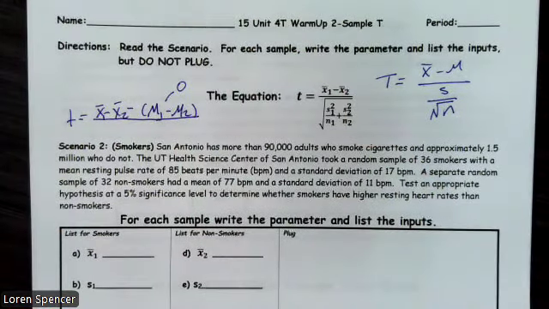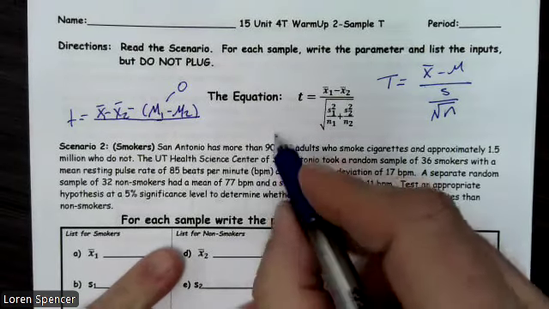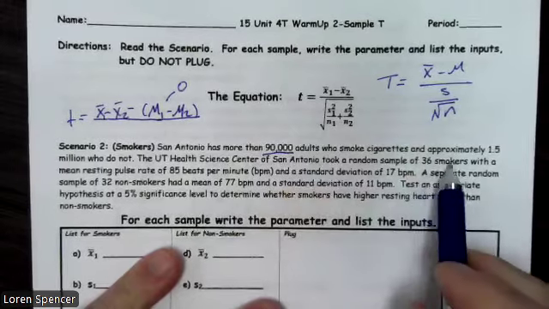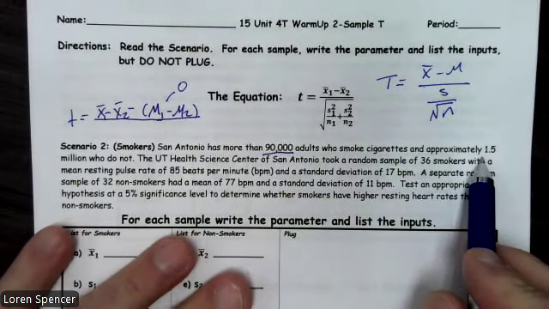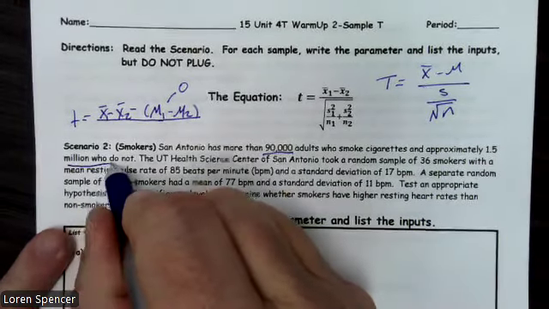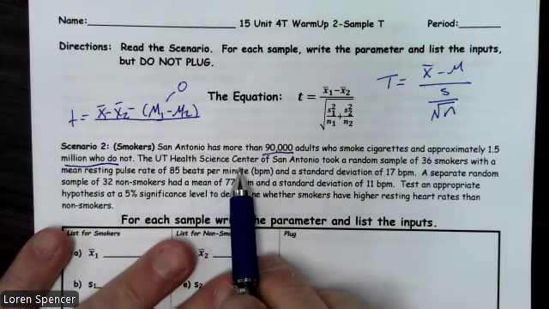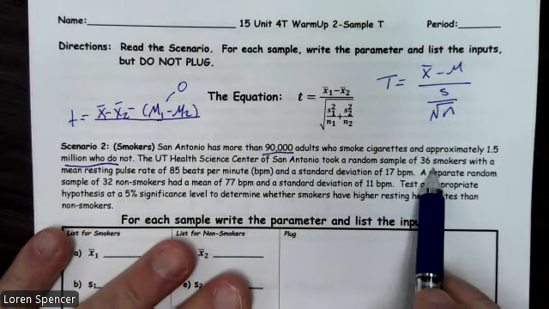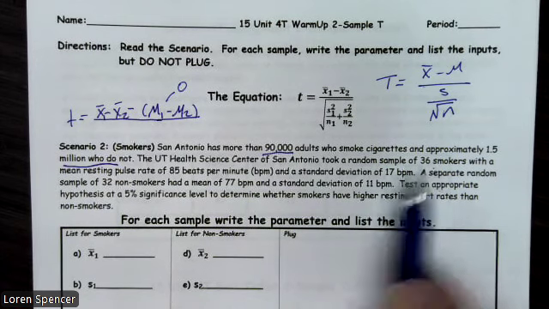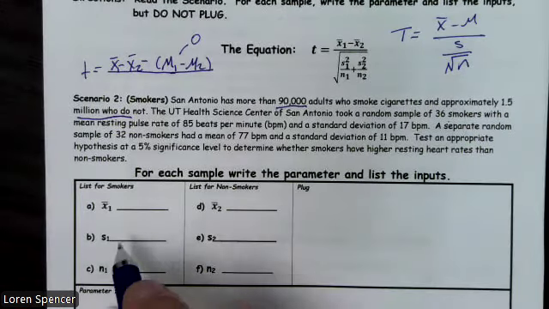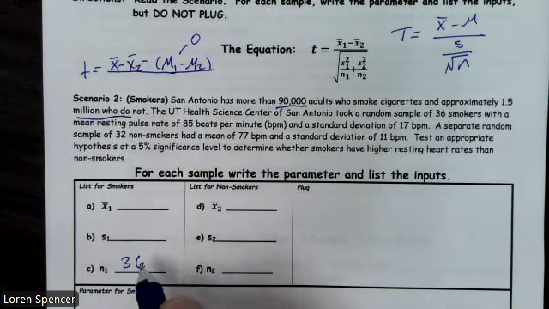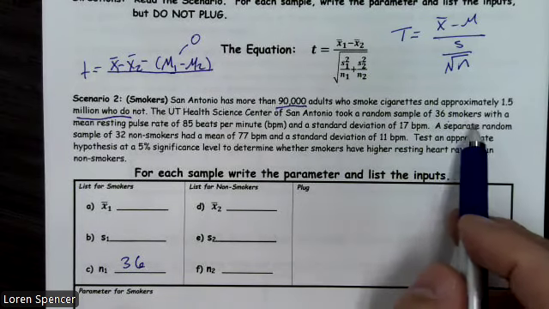So here it is, smokers. San Antonio has more than 90,000 adults who smoke cigarettes and approximately 1.5 million who do not. The UT Health Science Center of San Antonio took a random sample of 36 smokers. So we have a list of smokers and we know that there's 36 of them from the random sample.